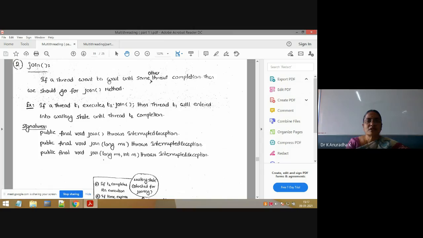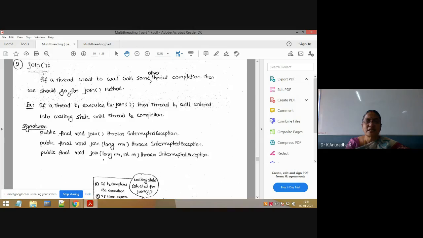If a thread wants to wait until some other thread completes, then we should go for the join method. Here I will explain more clearly. If a thread T1 executes T2.join, how many threads are there? 2 threads.